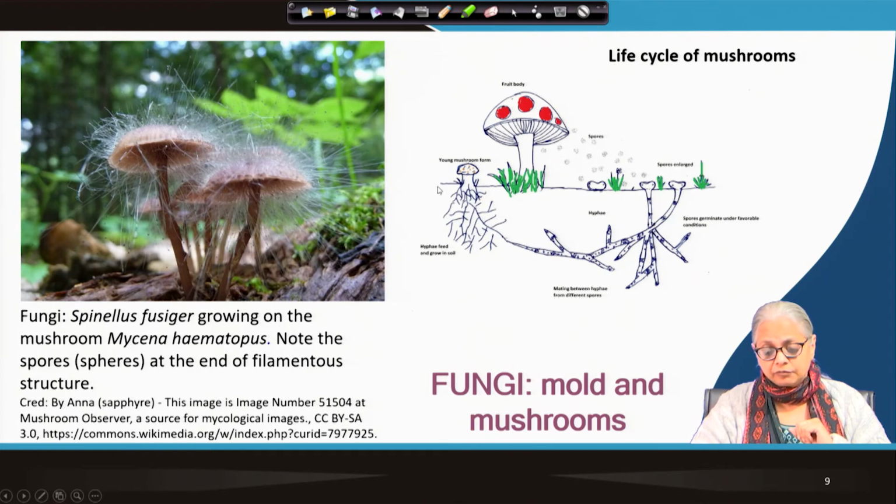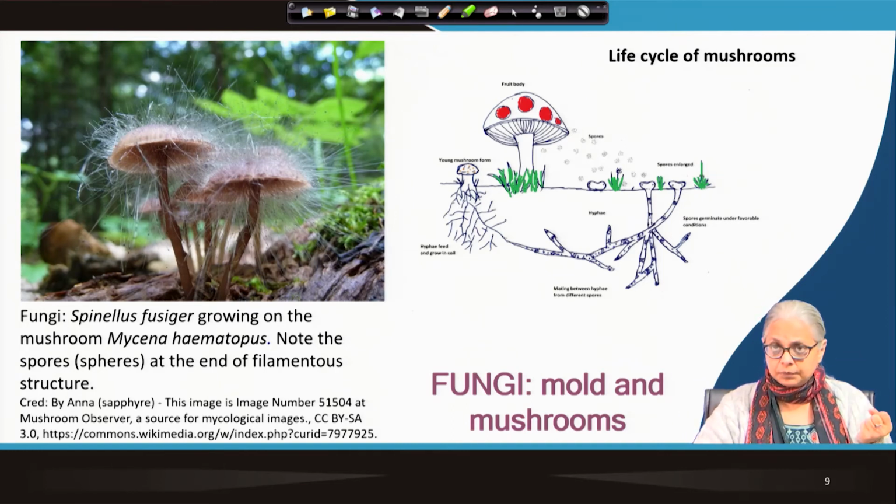So these are the hyphae that are formed slightly below the surface, and that's how the organism attaches itself to the material where it's absorbing nutrients from. It absorbs moisture from the air, and it will continue to spread and grow.